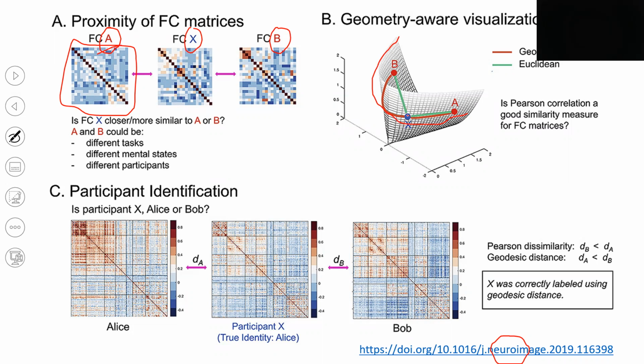If you only use Pearson's dissimilarity as a distance, then the distance to B is smaller than to A, so that's more similar to each other. But if you consider the geodesic distance, then these two are more similar to each other.